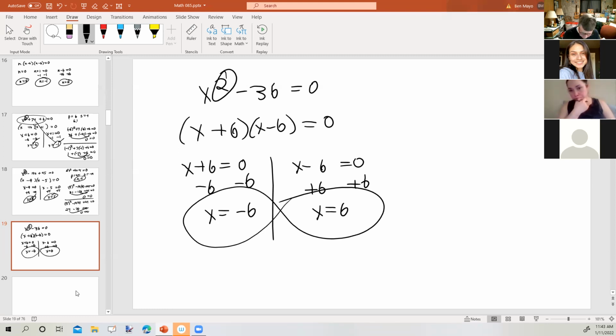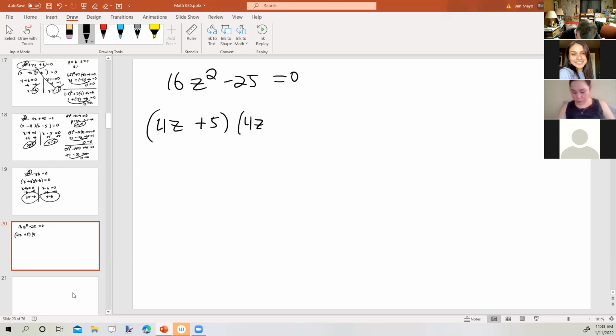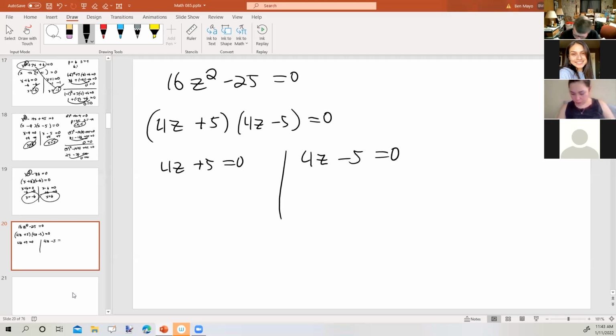How about this one? 16z squared minus 25 equals 0. Here we have the difference of two squares set equal to 0. So 4z plus 5 times 4z minus 5 equals 0. That means that 4z plus 5 equals 0, or 4z minus 5 equals 0.